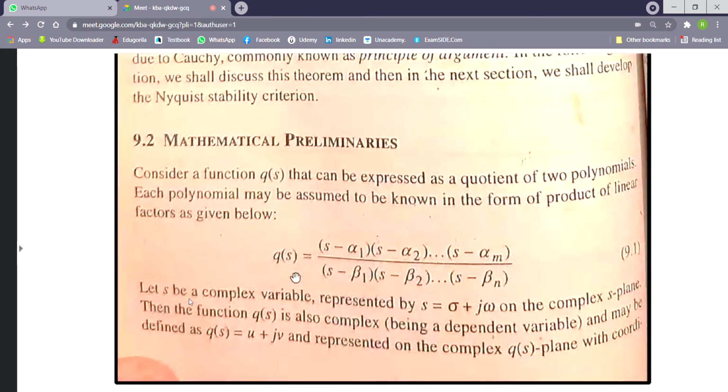Write it down. Q(S) will be equal to U plus jV. Now you agree?